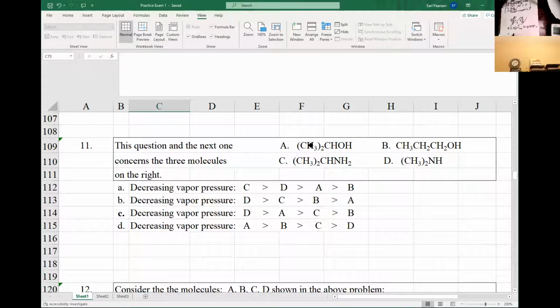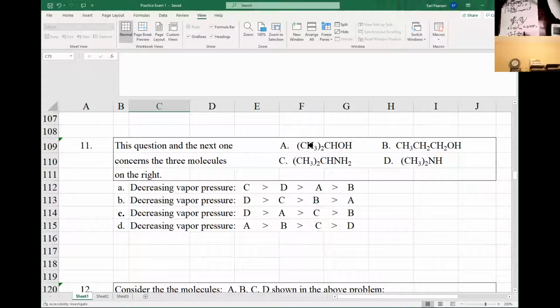C is, they've got a carbon here, we've got a hydrogen here, we've got two CH3s, so C, H, H, H, C, H, H, H. And then this carbon is attached to a nitrogen with a lone pair, and two hydrogens attached to it.